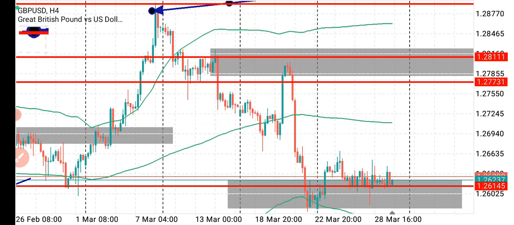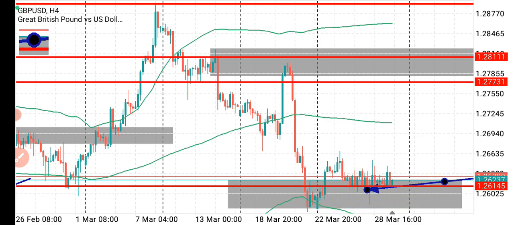For example, price is coming from the upside here, breaks through this support to the downside. I see that the market went back trying to go up. Unfortunately, this support has become a resistance and it resisted the price, and it came here and broke the support to the downside.